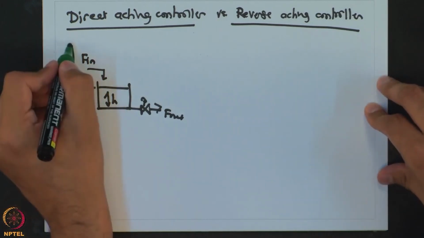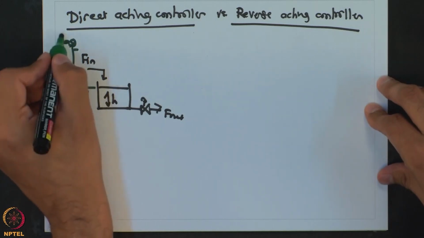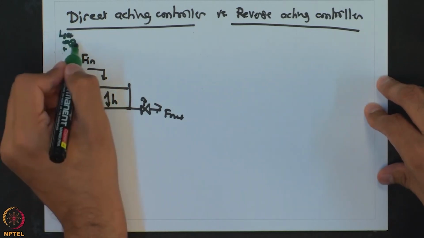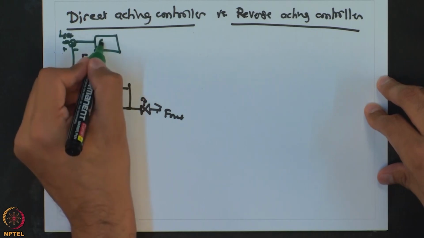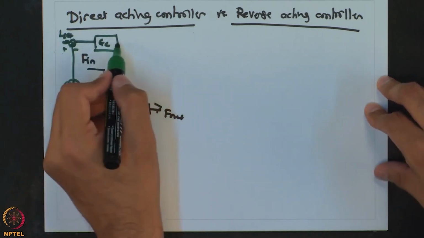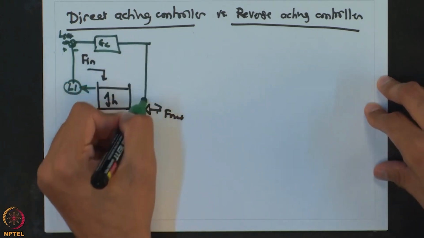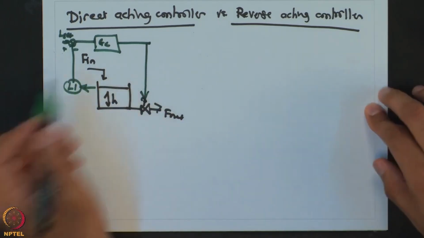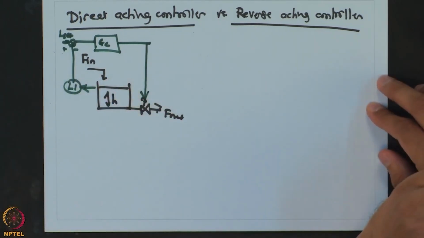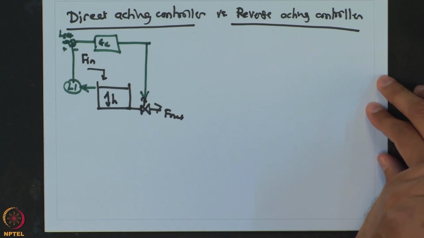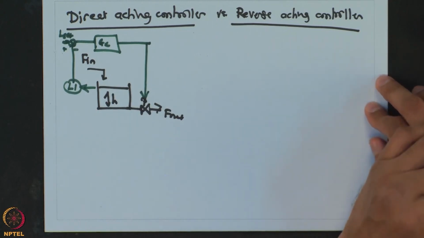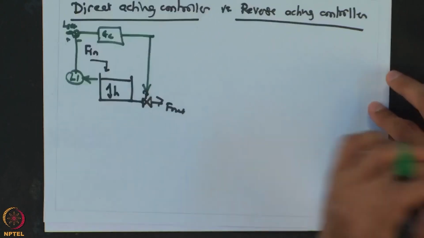Accordingly, it is compared with the set value. That error goes to the controller, and then that controller will take an action and make a change to the valve, and then finally you will get the change into the manipulated variable, which is F out.